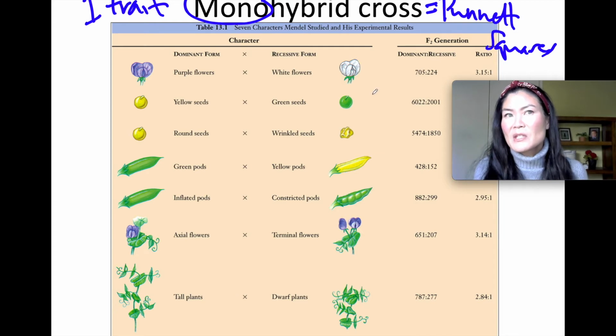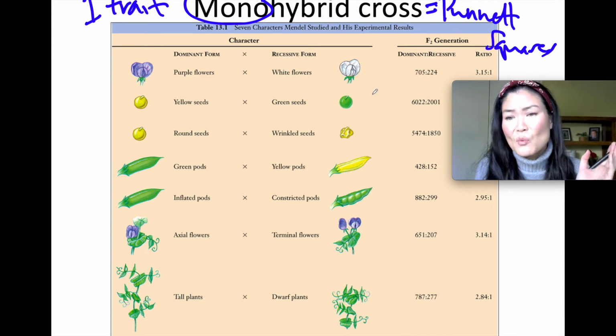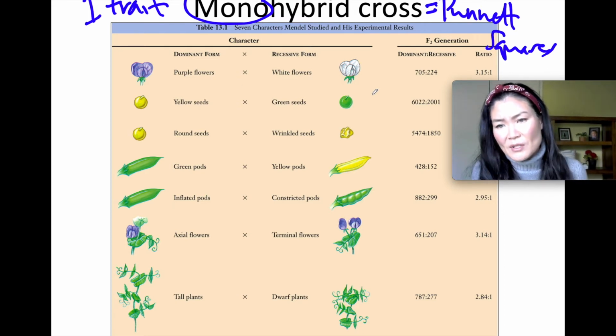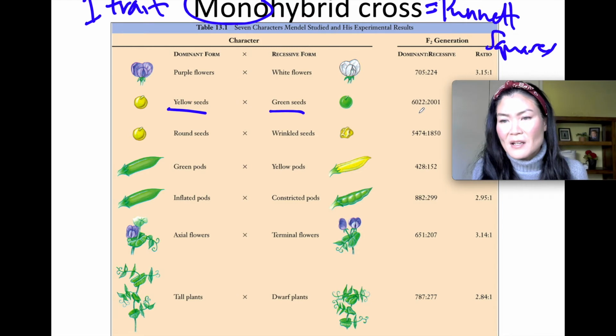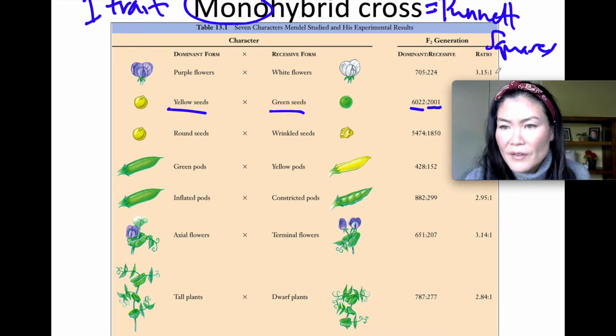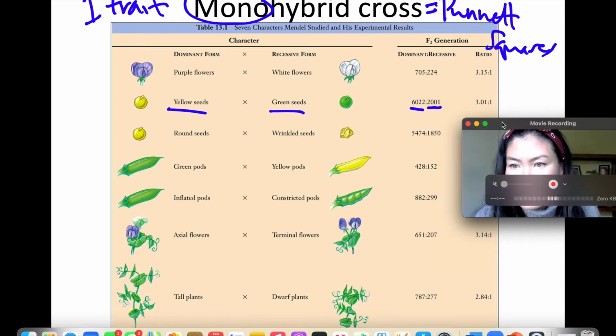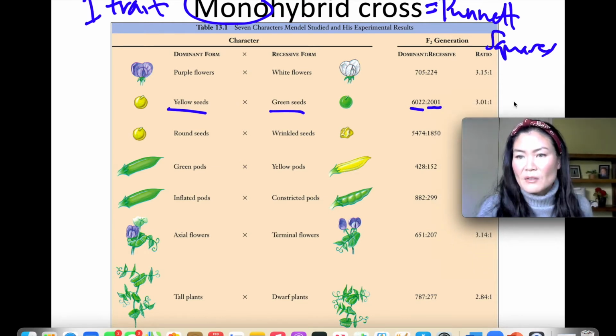Remember how I said Mendel took 12 years to study sweet pea plants, over 10,000 plants. Look at the numbers. Imagine if your science teacher, me, said, all right, guys, count how many offspring have yellow seeds. He counted 6,022 yellow seeds. He counted 2,001 green seeds. And the ratio of the F2 generation is 3:1, 3.01 to 1.